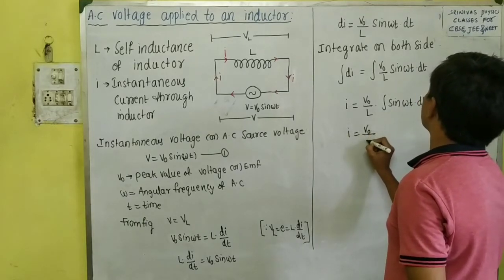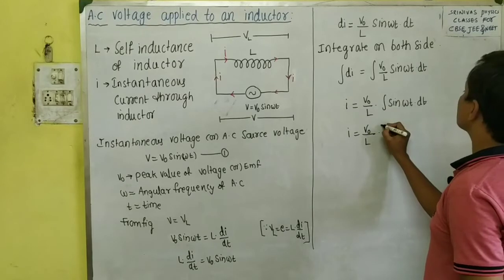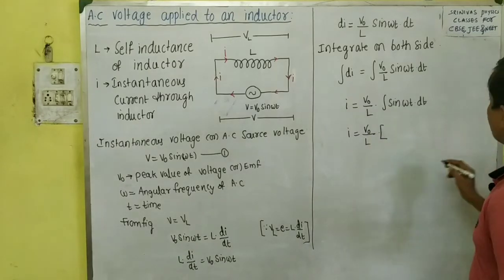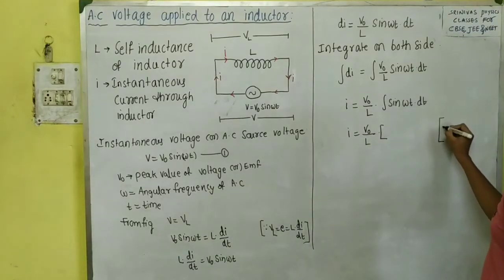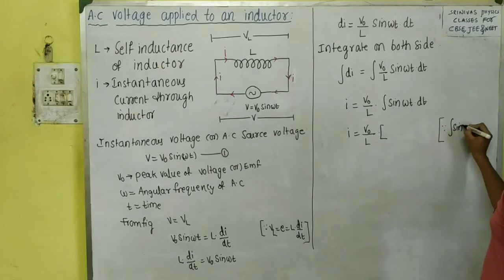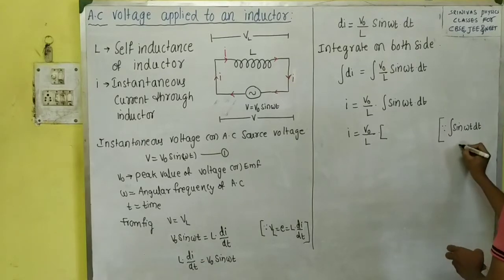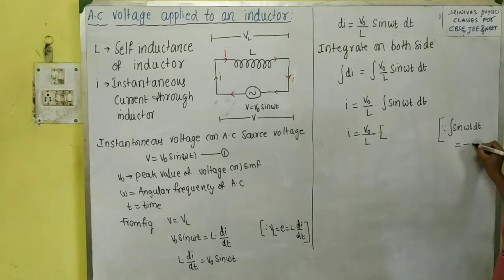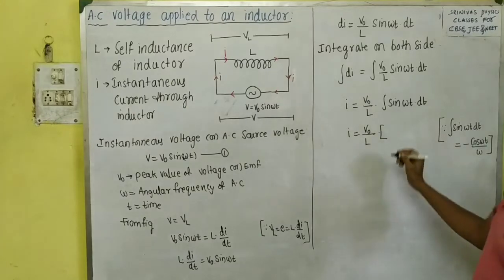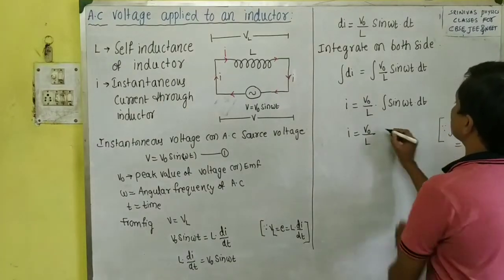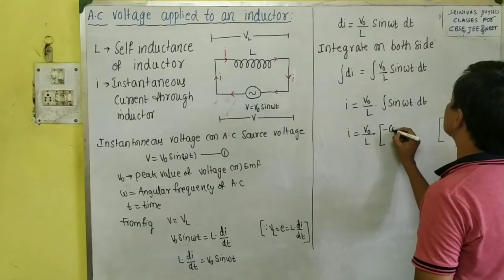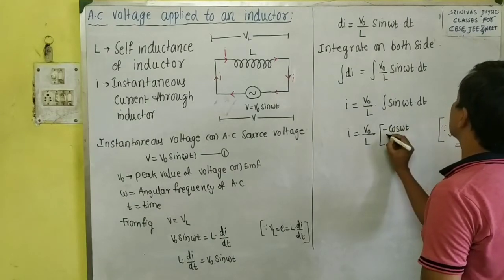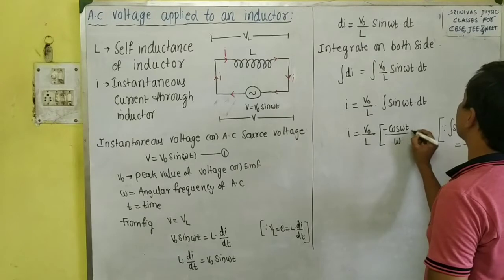The formula is there in mathematics: integration sin omega t dt is equal to minus cos omega t by omega. Then we substitute, and we get minus cos omega t by omega.